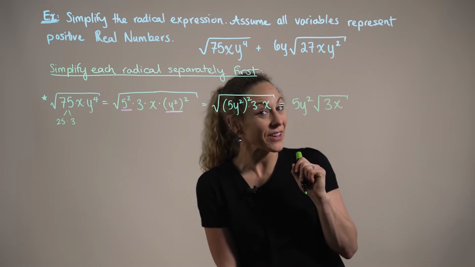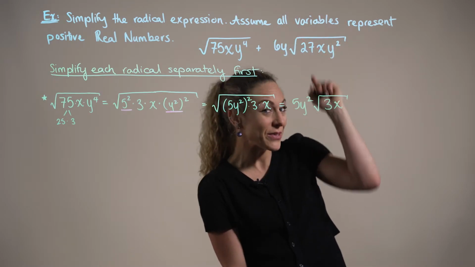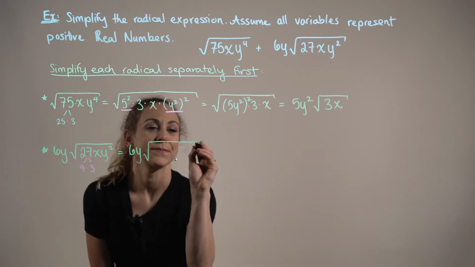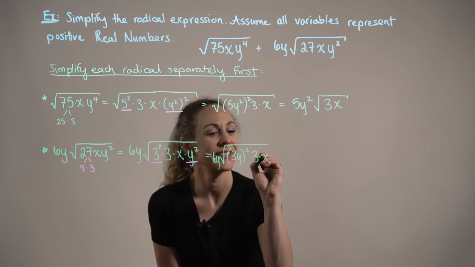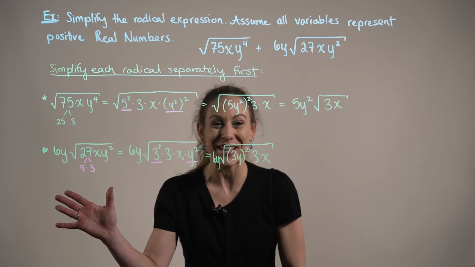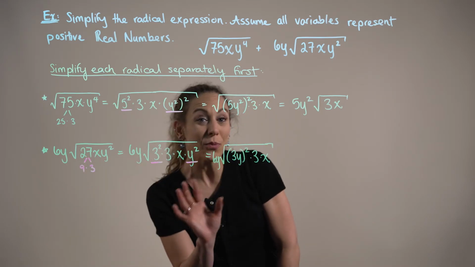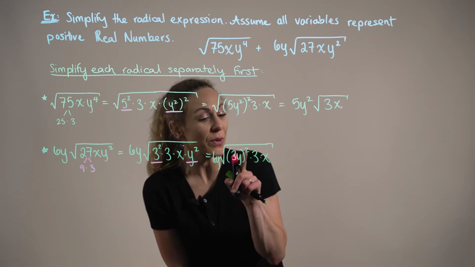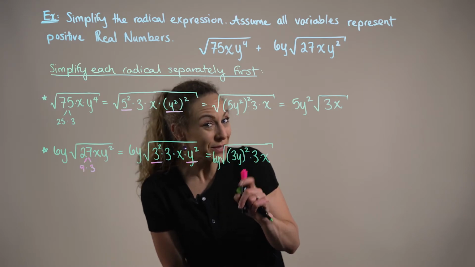So now that we've simplified our first term, let's go ahead now and see if we can simplify our second term. So looking for perfect squares within the factors, we were able to rewrite this expression as 6y multiplied by the square root of 3y all squared times 3x.